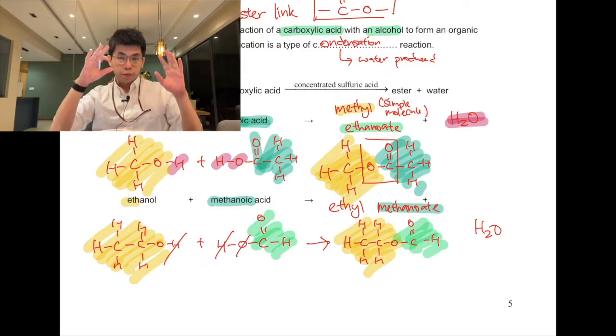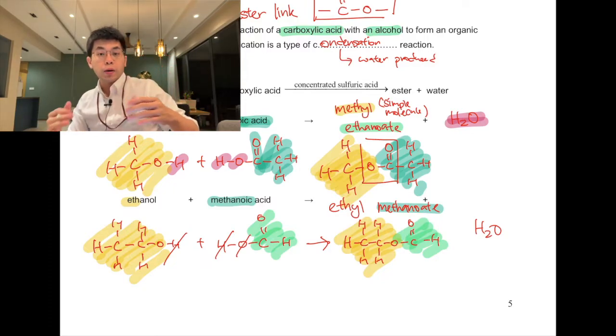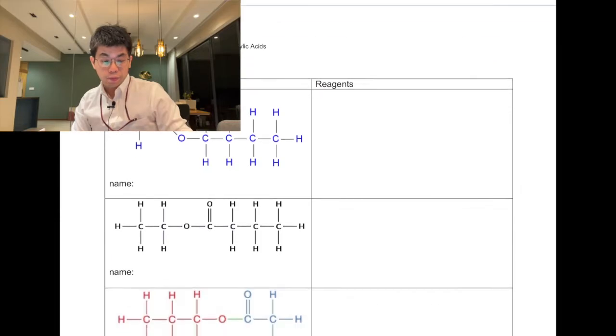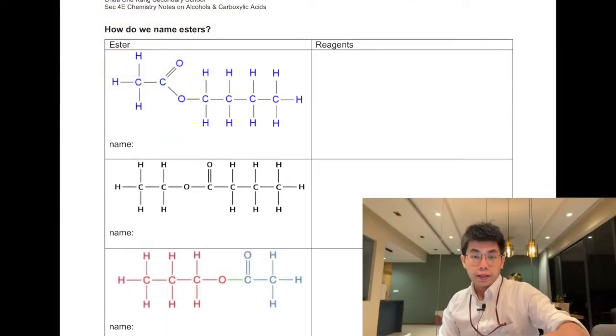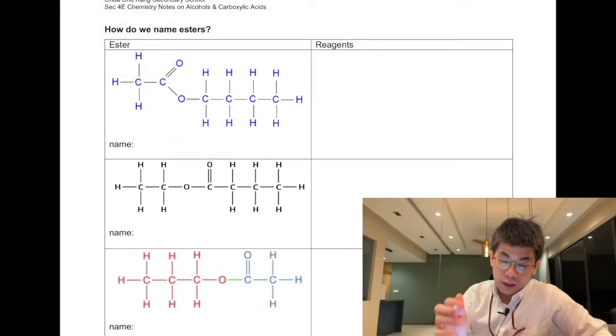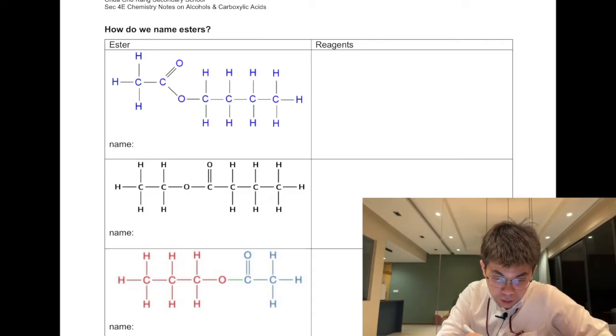We need to start from the ester and then tell me what's the product or what's the name. So let's look at some esters. The first ester that we have over here, let's look at the name. First find the ester bond. I have the ester bond over here.